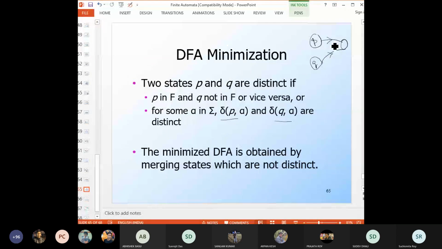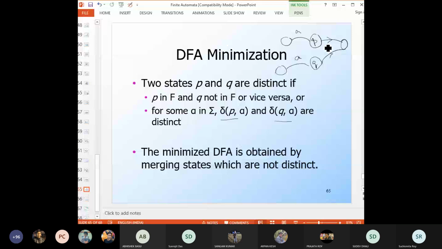But if you end up finding some input character A for which P goes to some state and Q goes to some other state, then you can say that P and Q are not the same state, not equivalent states, and we cannot treat them as the same state. Okay, so the minimized DFA is obtained by merging those states which are not distinct.